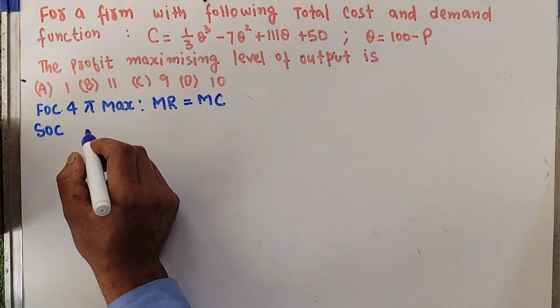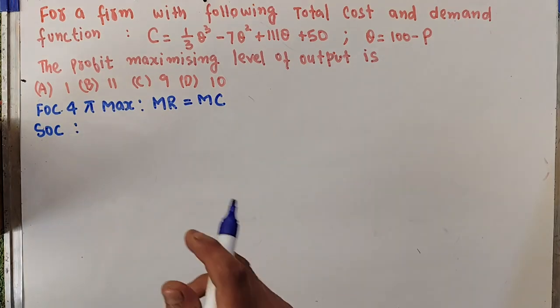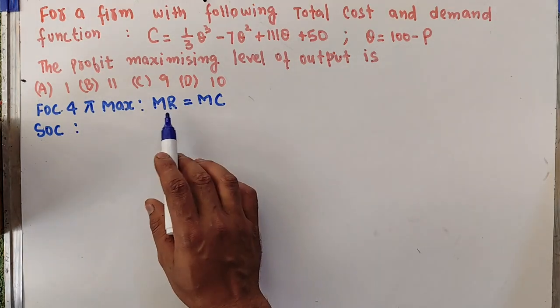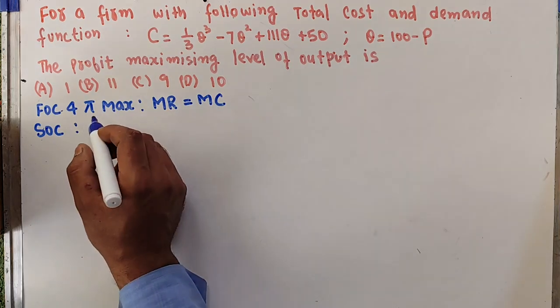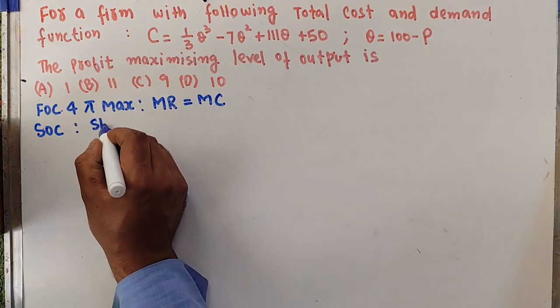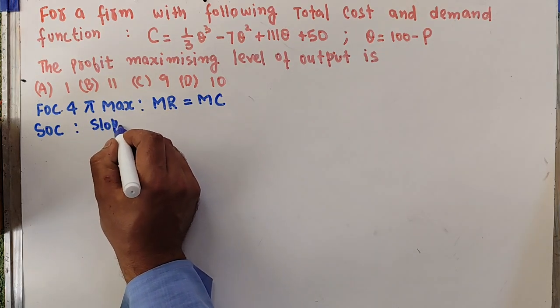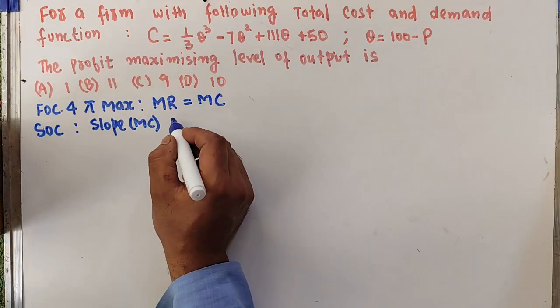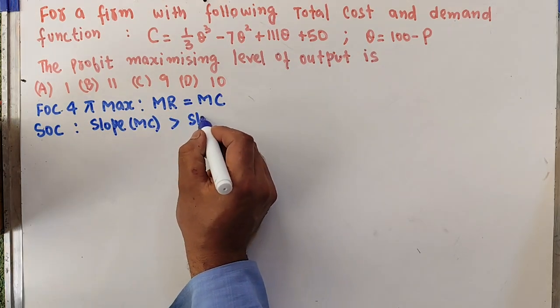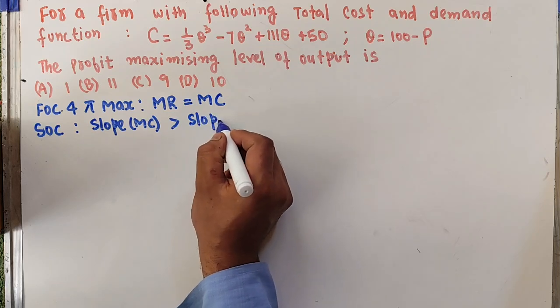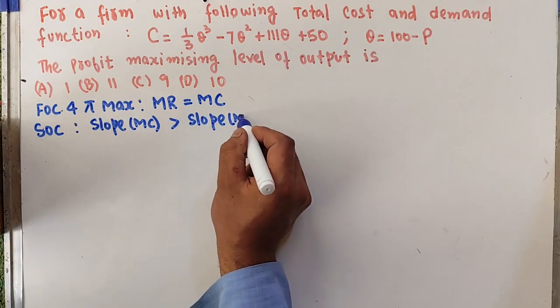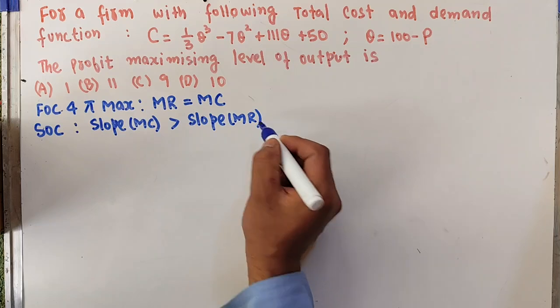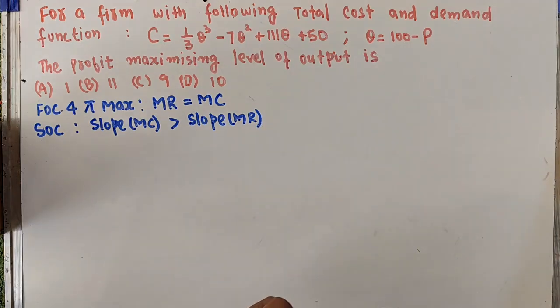Second order condition requires that at the intersection of marginal revenue and marginal cost, slope of MC should be greater than slope of the marginal revenue function. Okay, these are the two conditions.